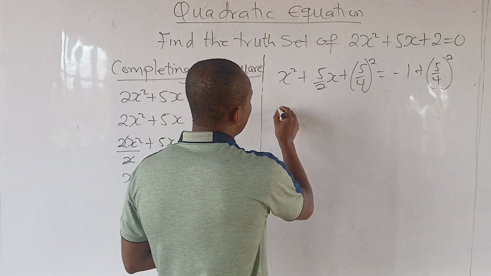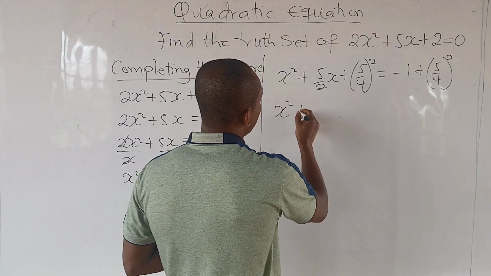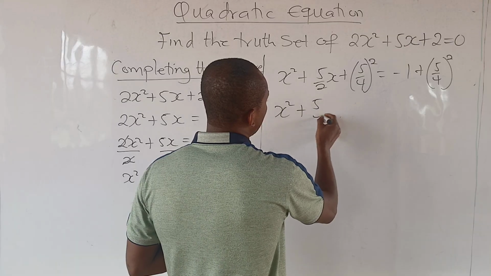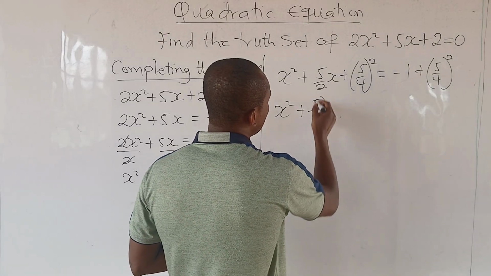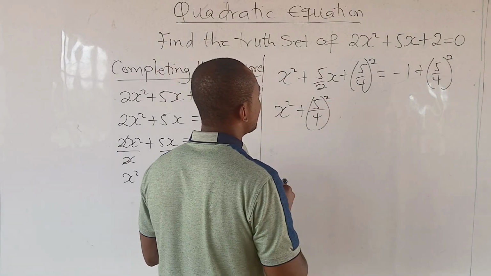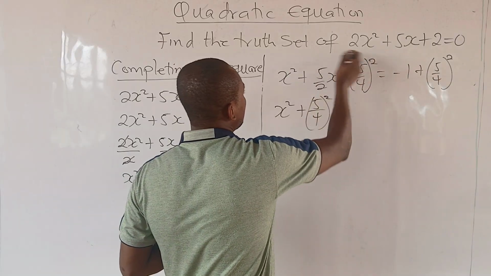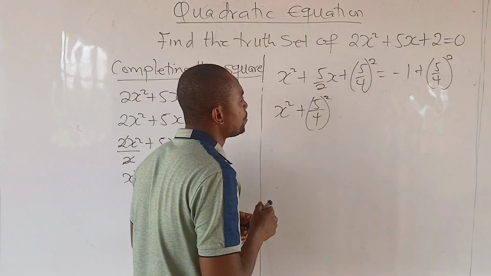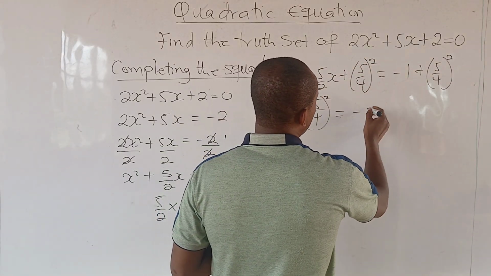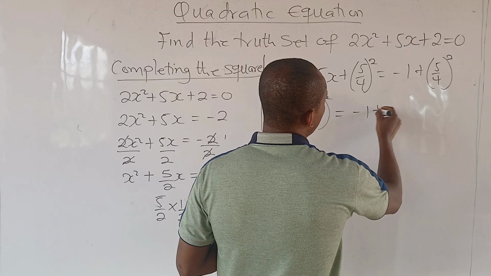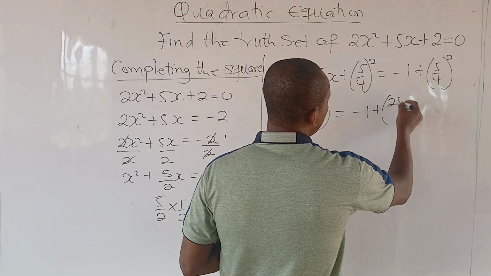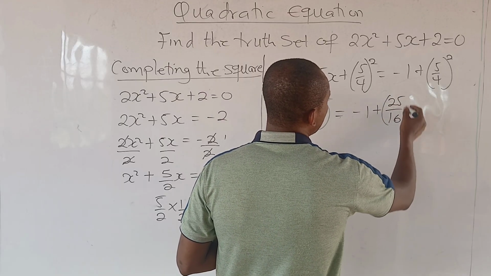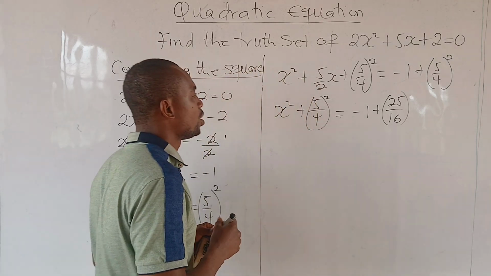So you are going to get x squared plus 5 on 4. So you take the ones with the square. Then this one will give a negative 1 plus in the bracket 25 on 16.